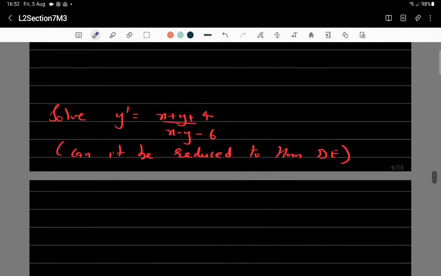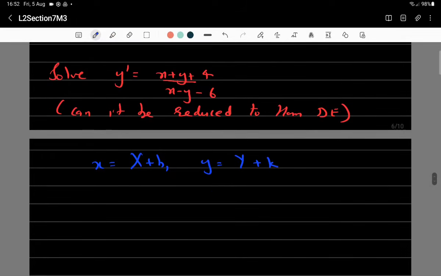Why is it so? That we will discuss later, but the substitution which works is x is equal to capital X plus h and small y is equal to capital Y plus k. Now think over it, that why this substitution or how this substitution will reduce the given differential equation into homogeneous differential equation.